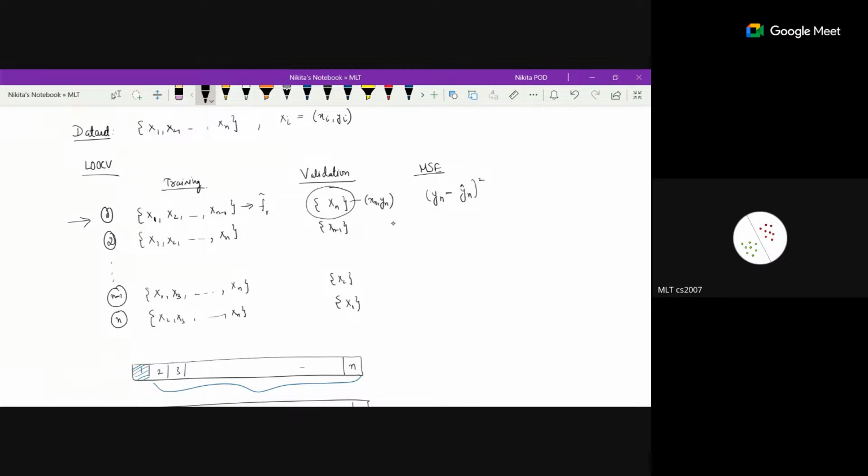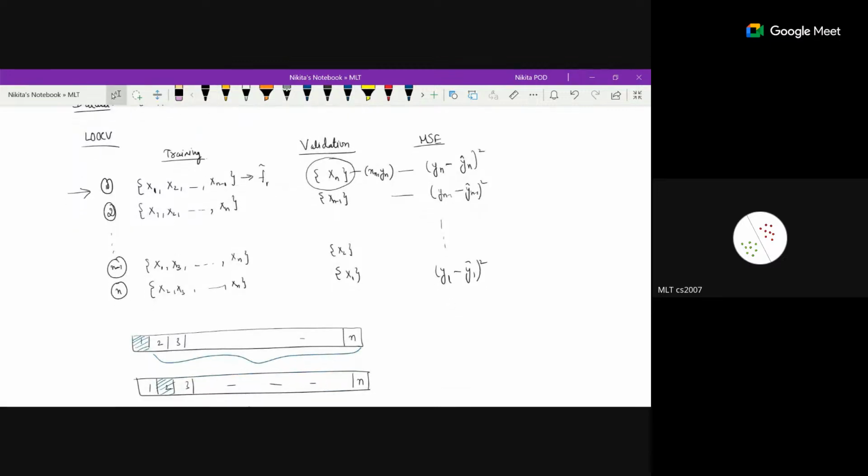So this you find for every split that you have made. In this case, you will have (yn minus 1 minus y hat n minus 1) square. You do it for all the cases, and at the end you have (y1 minus y1 hat) square, right? So for each split, you get a mean square error.